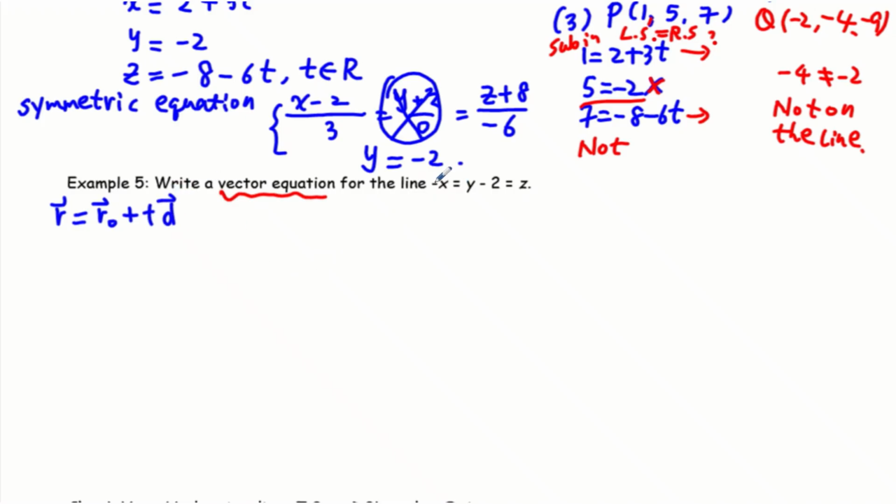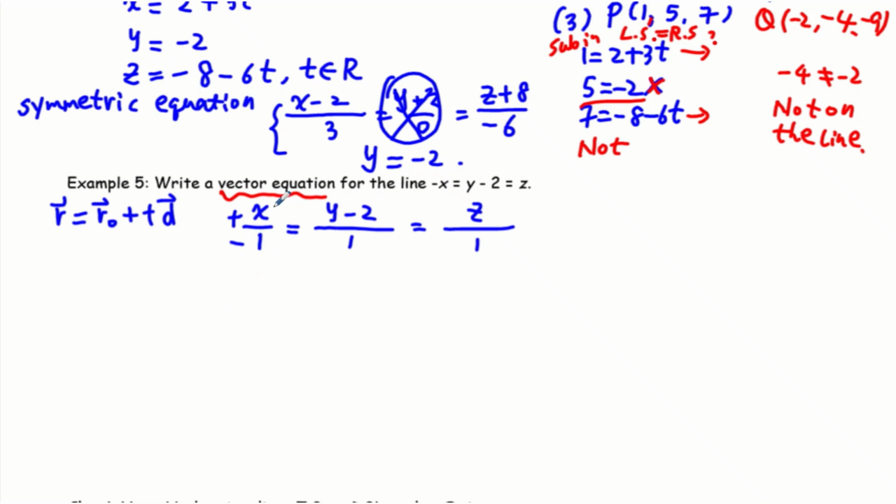Okay, so from this one we rewrite it -x over, because symmetric we have the denominator at the bottom. Okay, and the x should be positive, so we put the negative as the denominator.